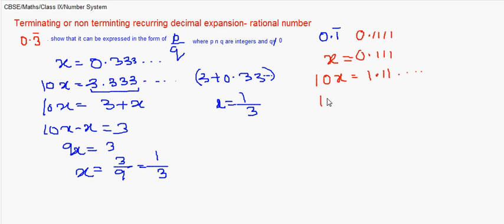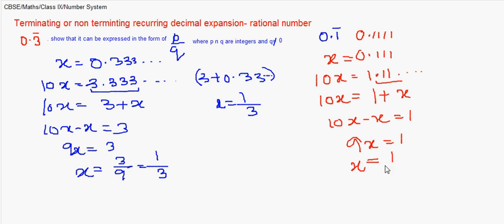This 1.11 will be taken as 1 plus x, because we took 0.11 as x. Same logic as the first question. I carry x to the left side and I'm left with 1. This is 9x equals 1, so x equals 1 by 9. That was not that difficult.